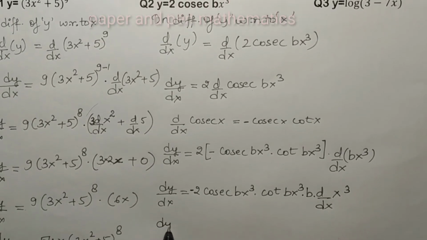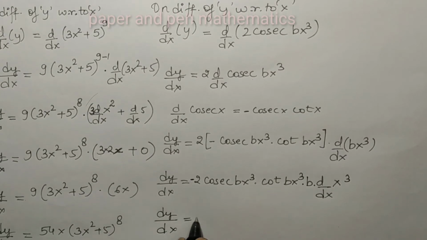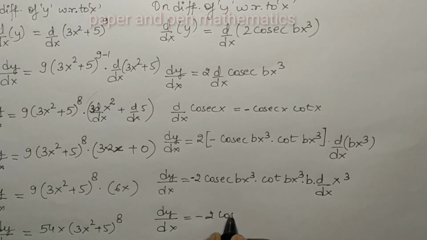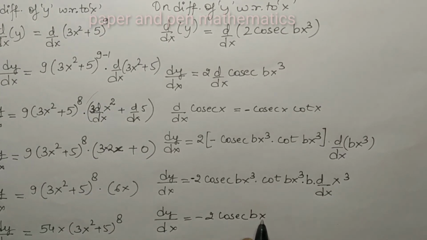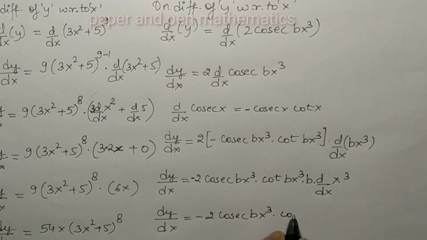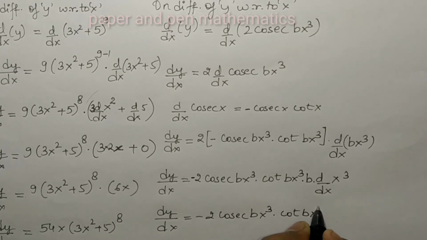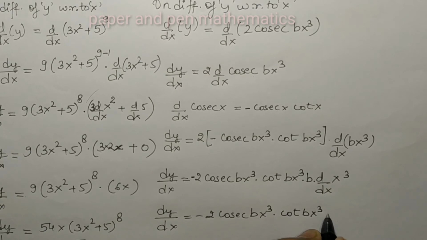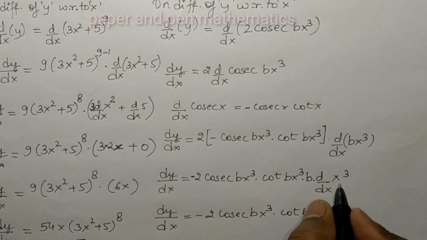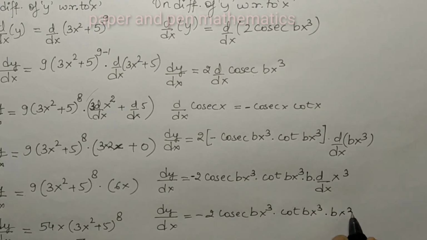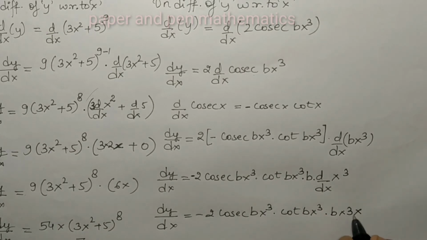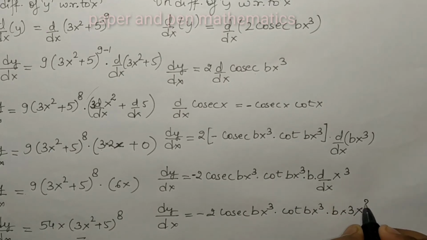Now again, using the formula of x raised to the power of n, which is n x raised to the power of n minus 1, which we will be applying over here in x cube, the power will come in front, that is 3, and the power will reduce by 1, 3 minus 1 will give you 2.